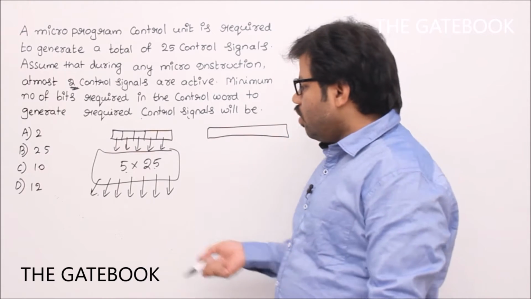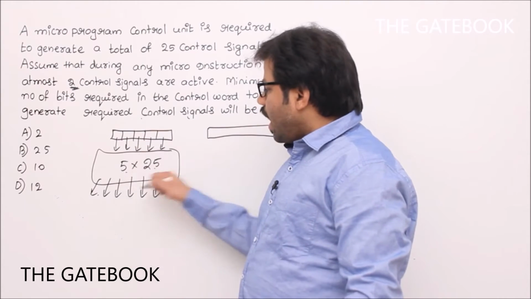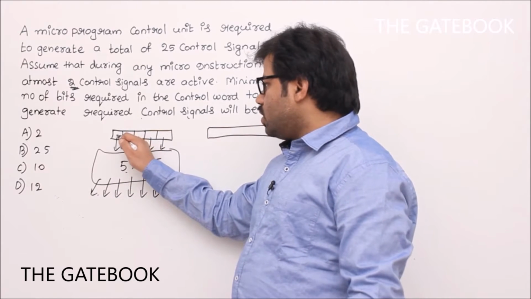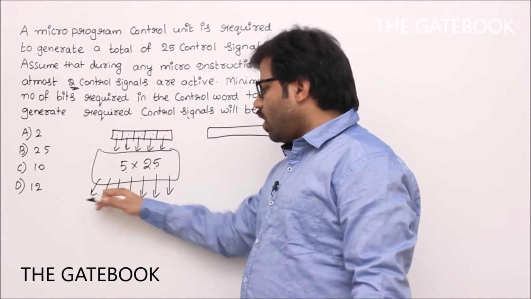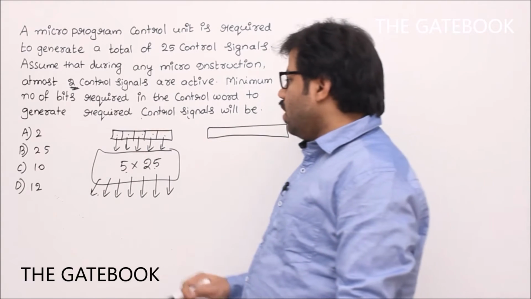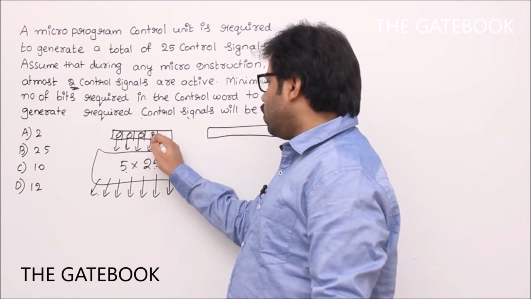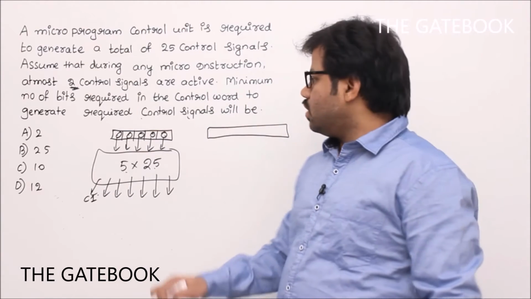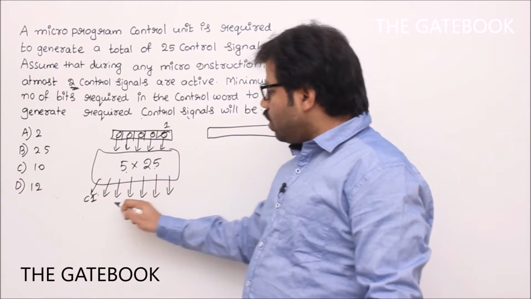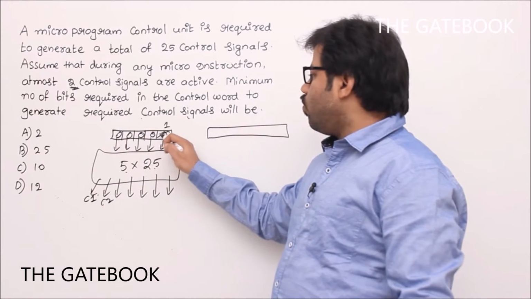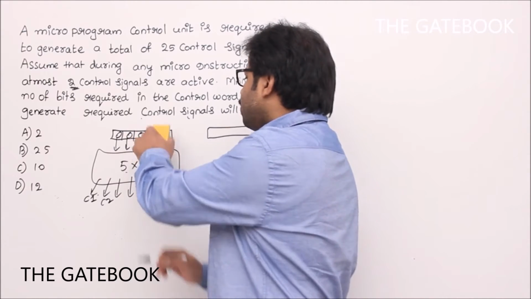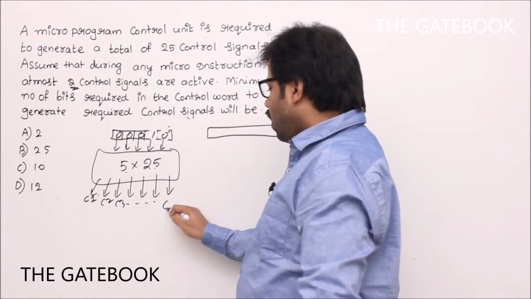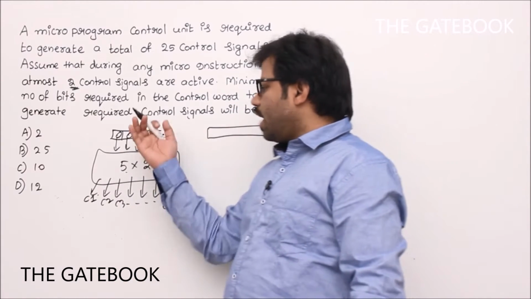So you plan it in such a way that you use these binary patterns and map them to one of the output lines. For example, 0 0 0 0 0 may enable C1, 0 0 0 0 1 may enable C2, 0 0 0 1 0 may enable C3. In that way, all the C25 signals can be planned.